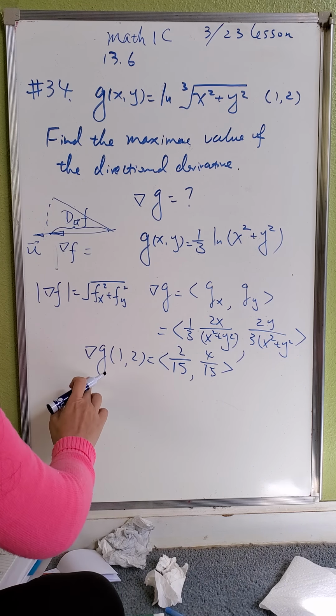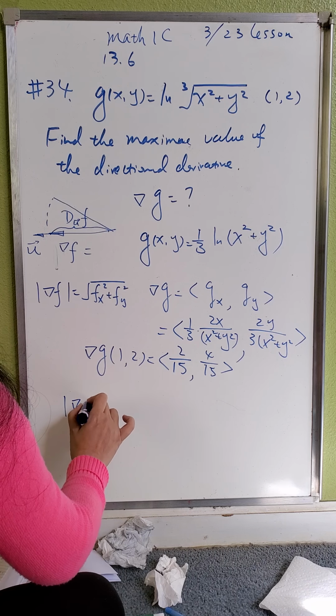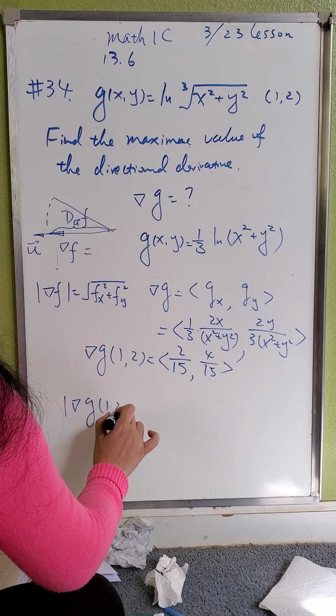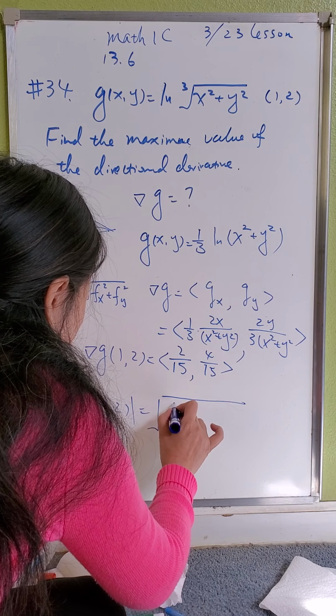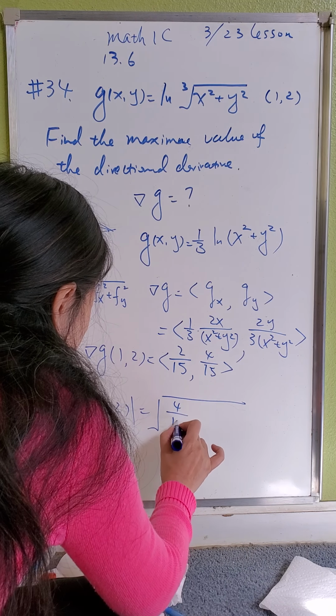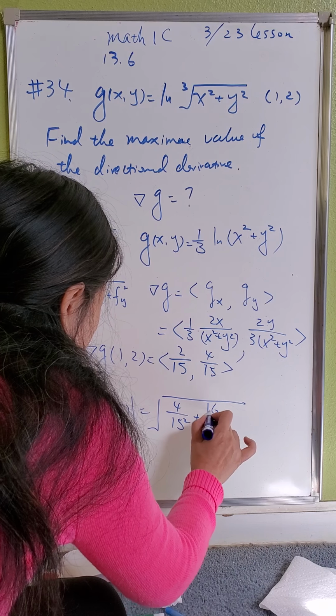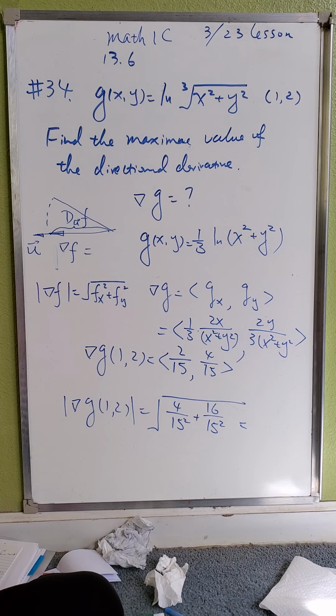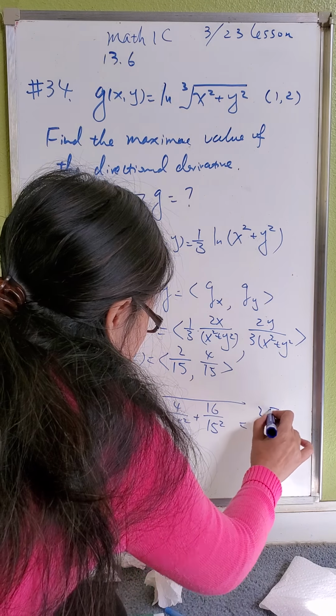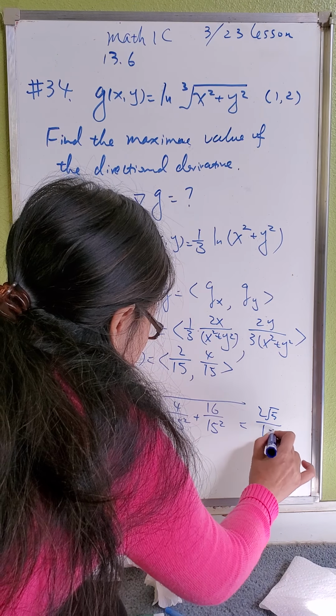Now I just need to take the length of that. So that'd be 4 over 15 squared plus 16 over 15 squared. And then I calculate it out, it is equal to 2 square root of 5 over 15.